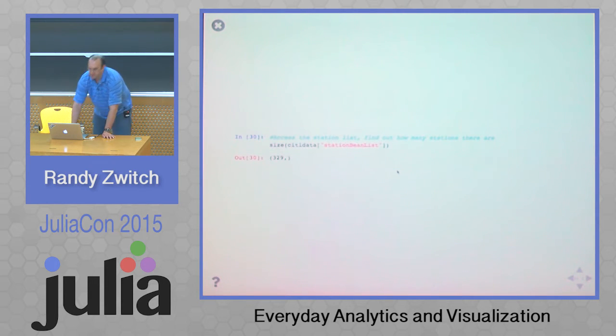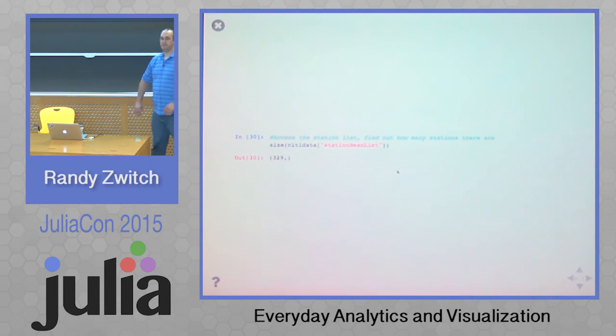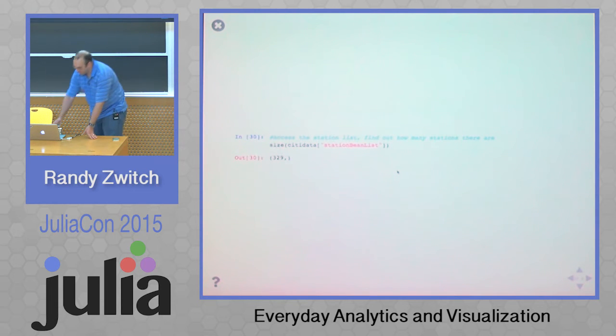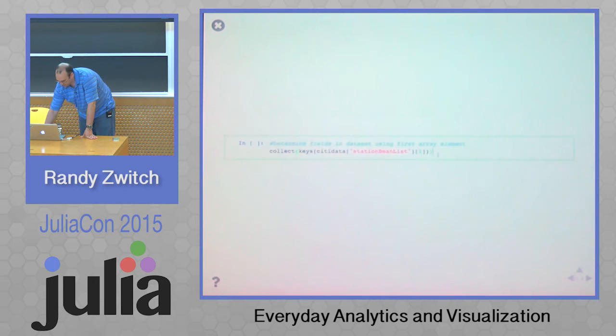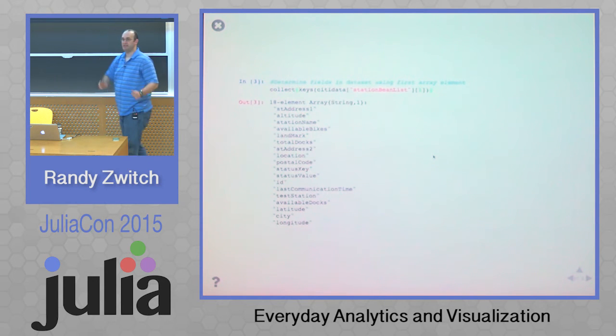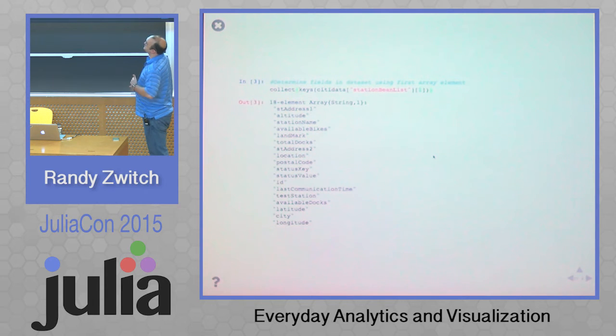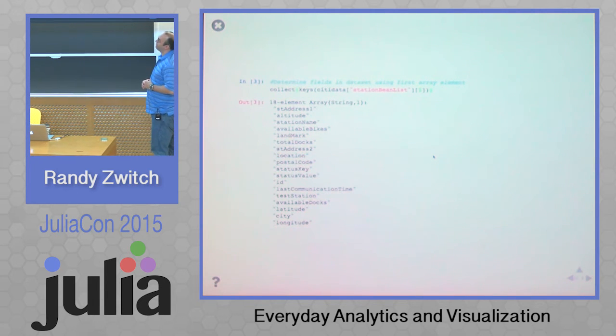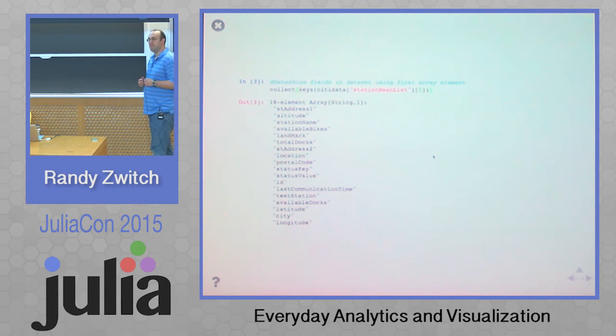Okay, so there's 329 stations in the city bike program. And if we want to find out what data they return back, it's slightly different than the archive data. Because this is real time, they don't give you the demographic information.